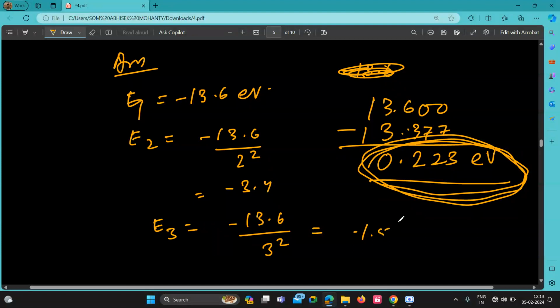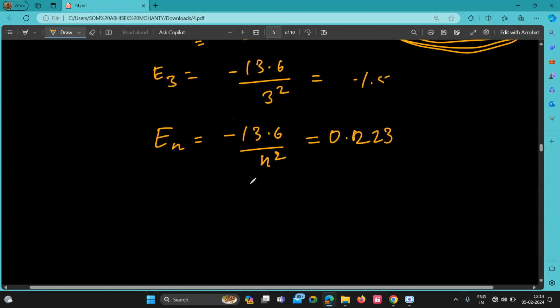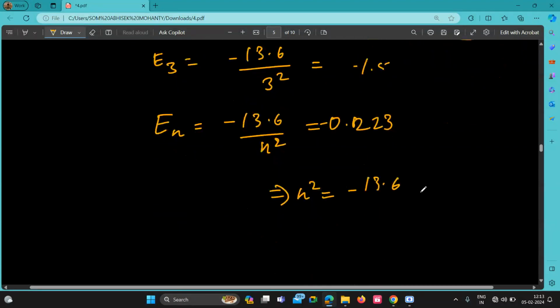It will go on like this. So how to calculate this? En equals minus 13.6 by n square equals minus 0.223. If we can get n, we will get the state at which the radius of the atom would increase. So n square equals minus 13.6 divided by minus 0.223. Energy should be minus here, 0.223.